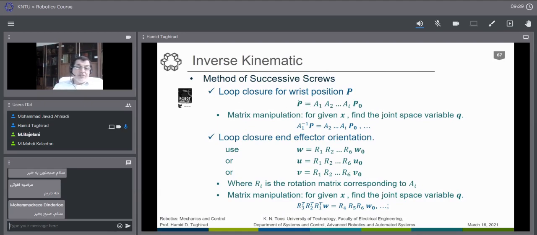And then for the orientation, we use other vectors, not position vectors, but orientation vectors. The orientation matrix of the end effector can be represented by a rotation matrix. This rotation matrix can be represented by 3 UVW versions. Again, in the screw method, we can find this UVW in the reference position when the robot is fully extended. Very simple.